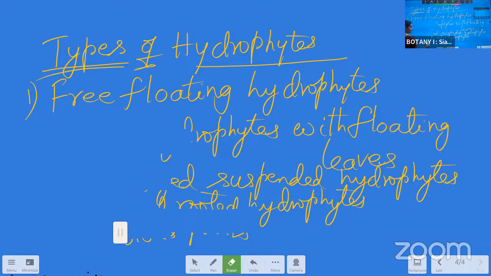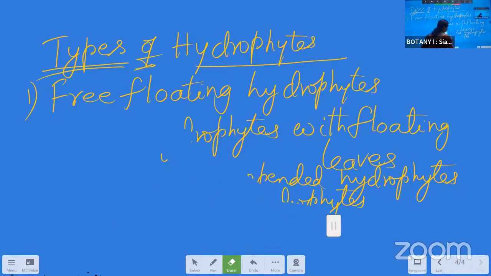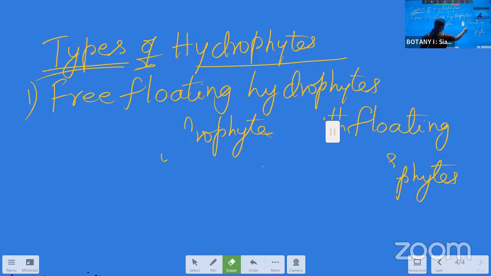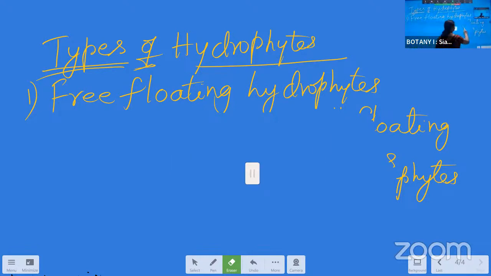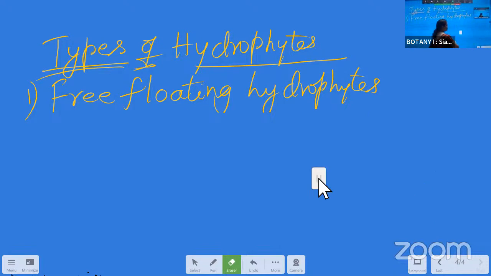Free-floating hydrophytes means the plants which are not rooted at the bottom of the lake and freely floating on the surface of the water. Those are called the free-floating hydrophytes. The plants which are freely floating on the water surface and are not connected or rooted at the bottom of the water are called free-floating hydrophytes.